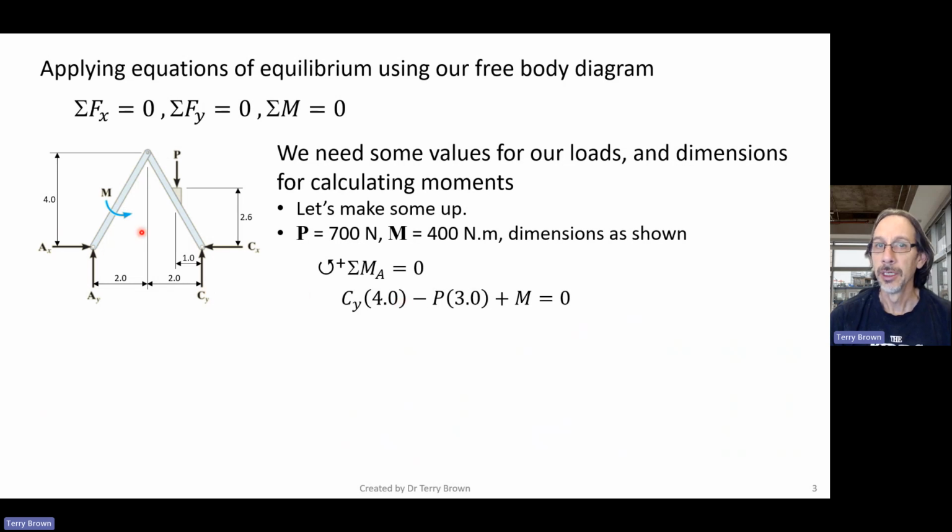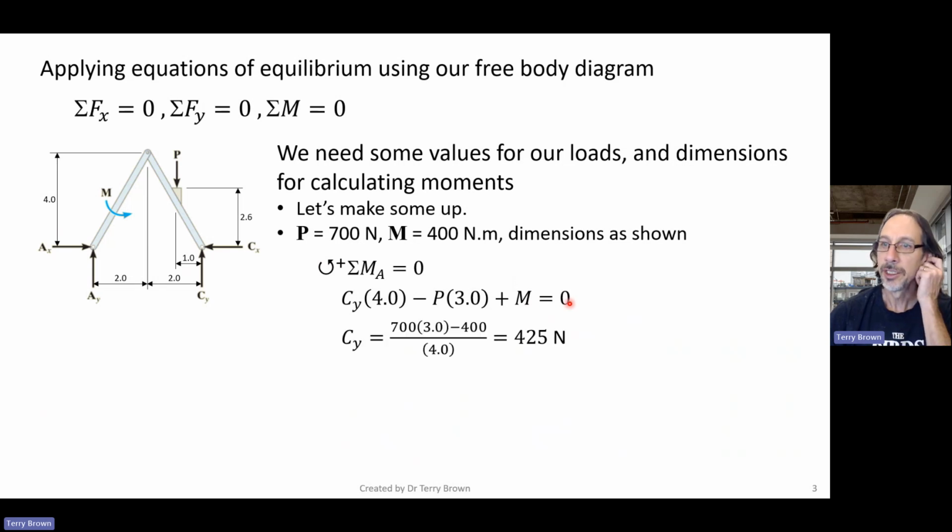And then P acting vertically downwards, its perpendicular distance is 4 minus 1 equals 3, tending to cause a clockwise moment about point A. So therefore negative, and the applied couple is in the anti-clockwise direction, so we can just add that in there. That's all equal to 0. So we can rearrange that, and we can solve for the first of our unknowns, Cy.